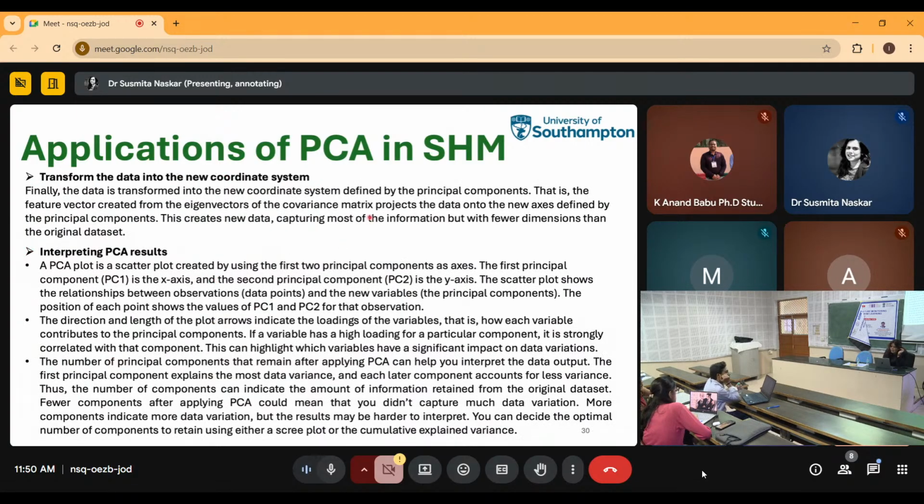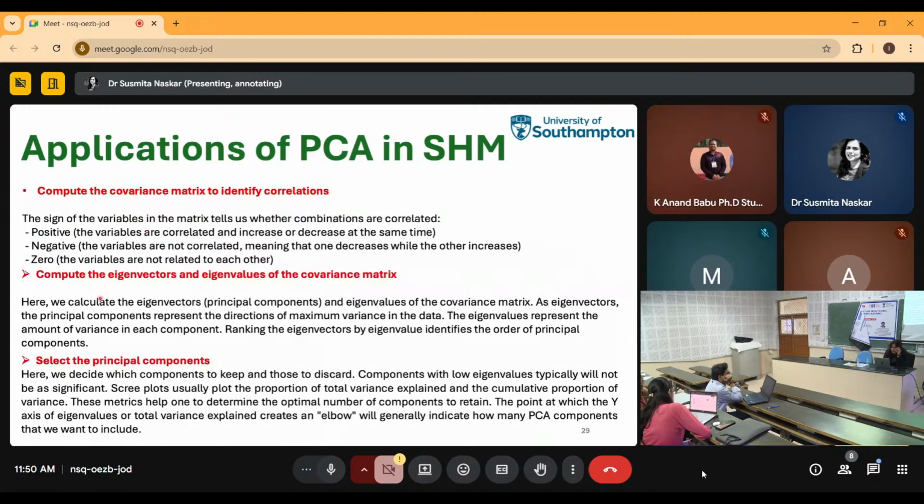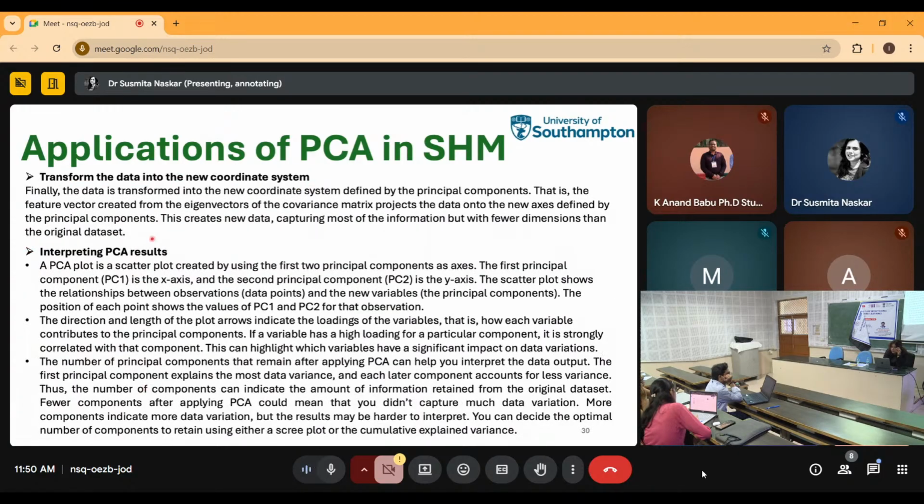Then the data is projected onto the new axes that define the principal components, which you can see here. We create the principal components, and this creates new data which can capture most of the information but with fewer dimensions. That means we are reducing the dimensions compared to the original data set, right? And now there is a way that you interpret the PCA results.